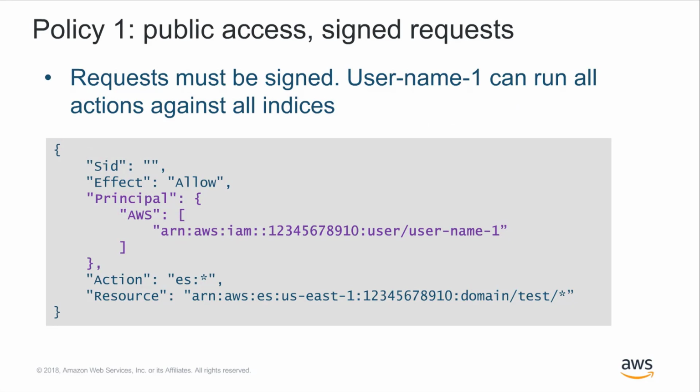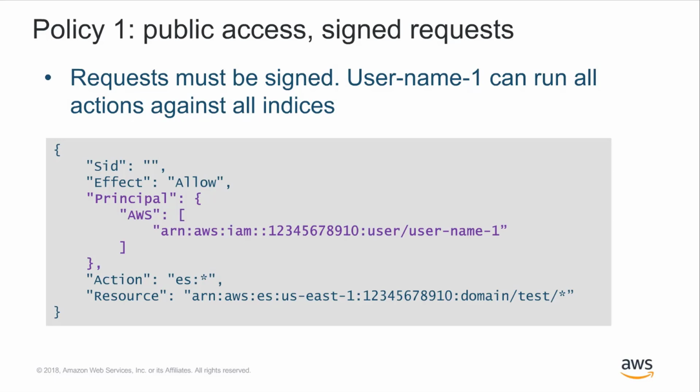So let's look at a couple of examples. As I said, one of the primary choices you make is whether to have a public or a private endpoint. So for public access, specifically, whether you're going to have a public endpoint or whether you're going to have IP-based access. So for public access, then we add a principal into the policy. In this case, username 1.